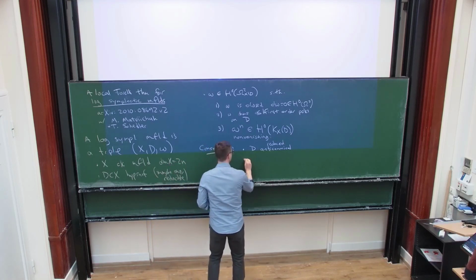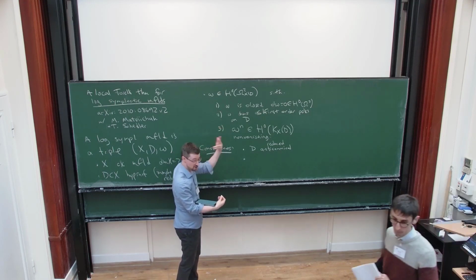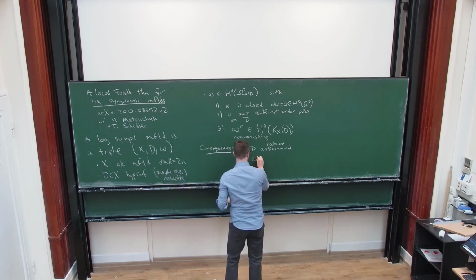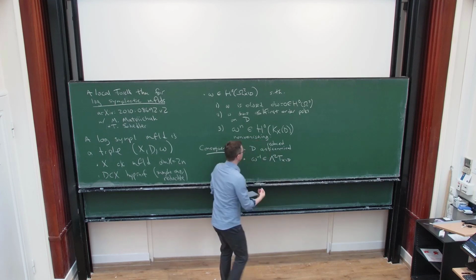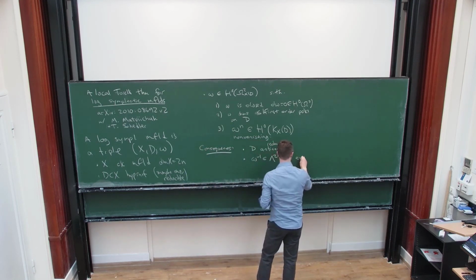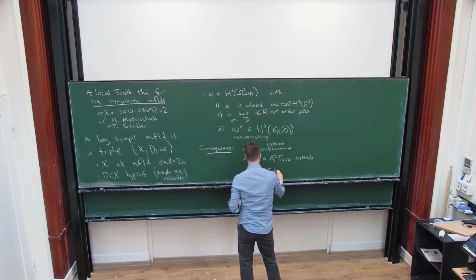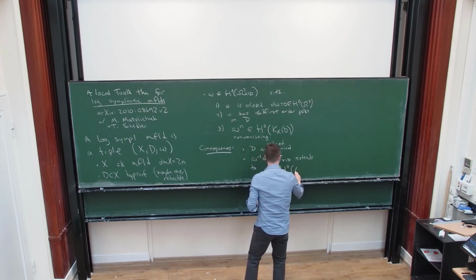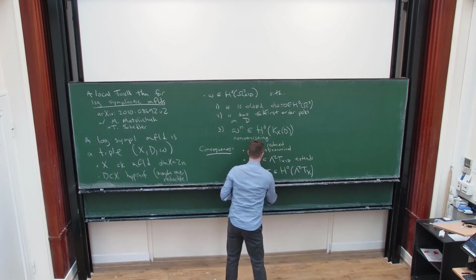Okay, the second thing is that because the two-form is non-degenerate, I can invert it in the interior to get a bivector. And these conditions actually imply that this bivector extends to be smooth on all of X. So let me call that pi. It's a global section of wedge 2 of the tangent bundle of X, and it has a few additional properties.